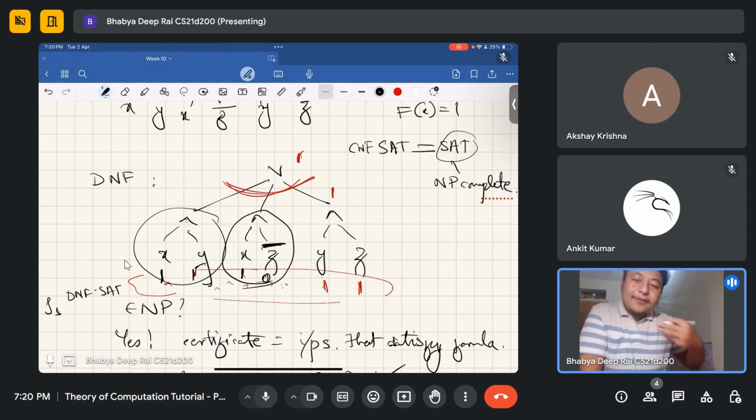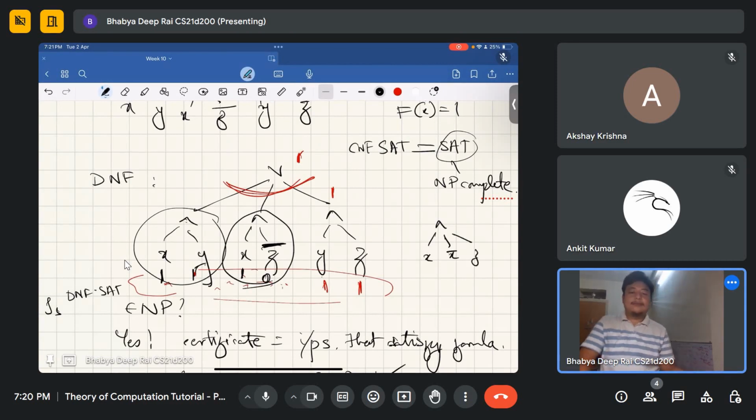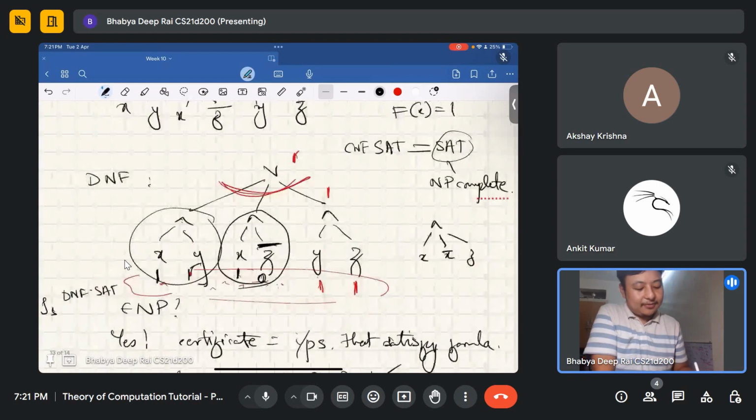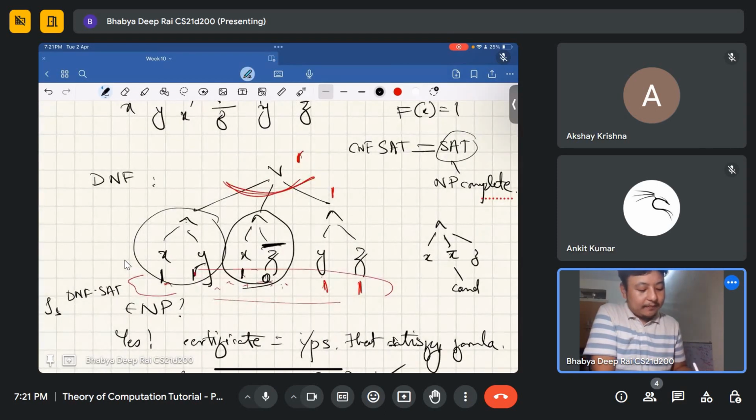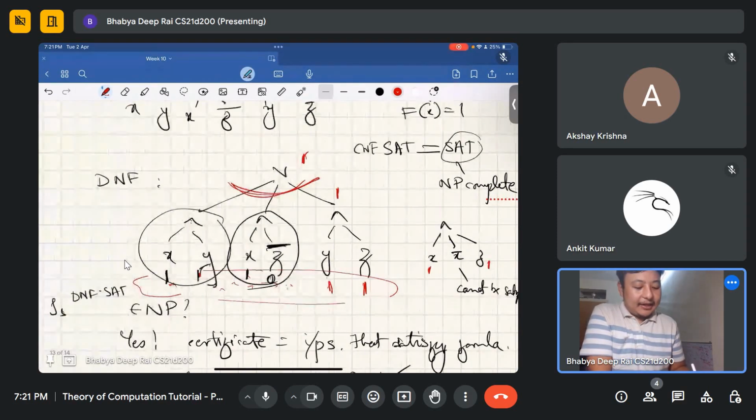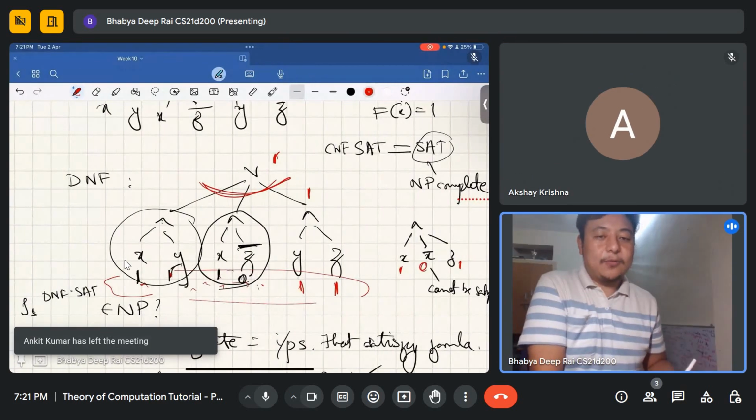And what kind of terms can I not satisfy? I cannot satisfy terms as follows: x bar z. This term cannot be satisfied. Why? Because if I give x a 1 and z a 1, I need to give this a 0.